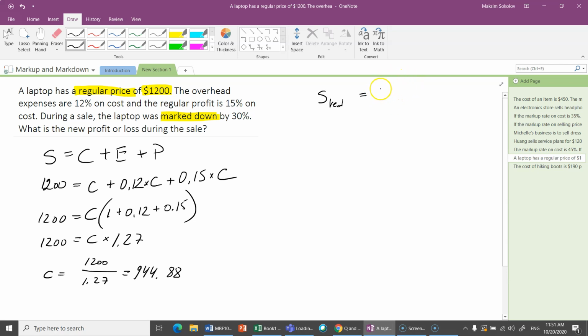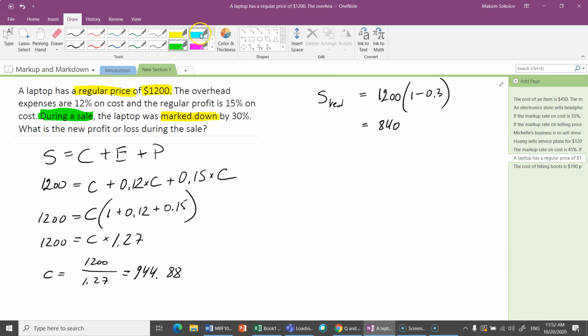And our selling price is 1,200, and we reduce it by 30%. So we'll find now the new selling price or reduced selling price. And that's $840, which means that during the sale, the laptop is sold for $840.